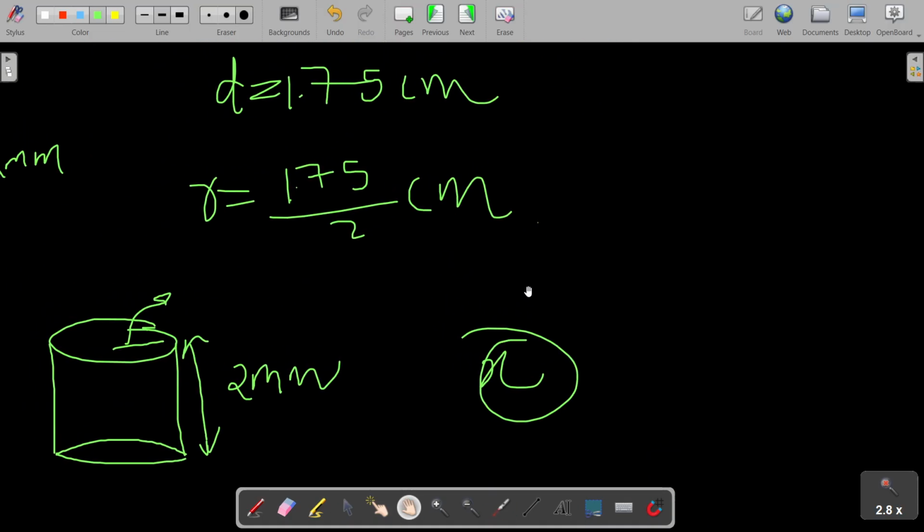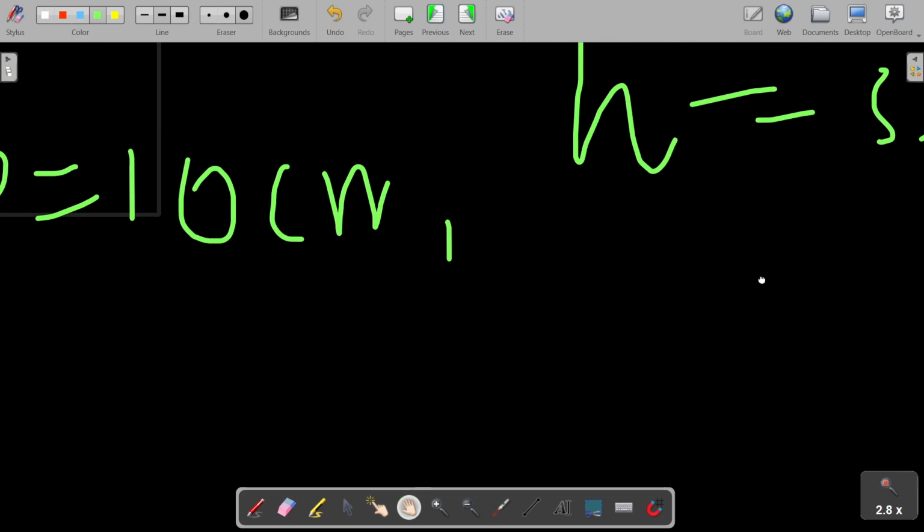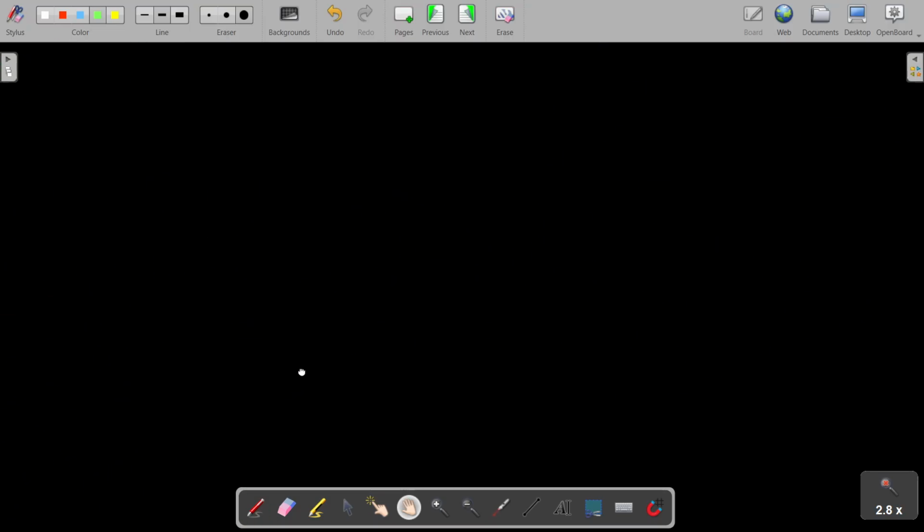So what have we done? We took X number of silver coins and melted them and converted them into a cuboid. So we changed the shape, but the volume of this X coins and the volume of this cuboid are same. So let's write down the equation for that.